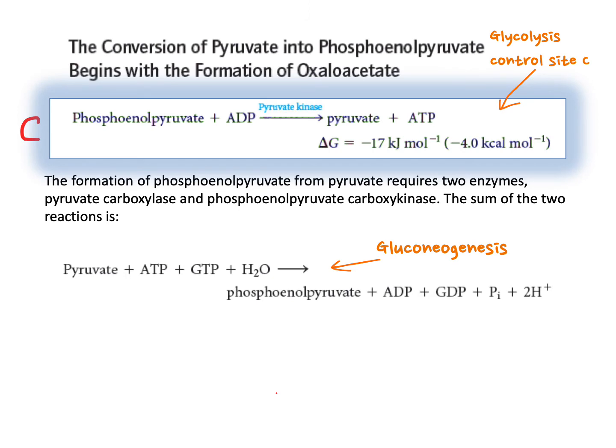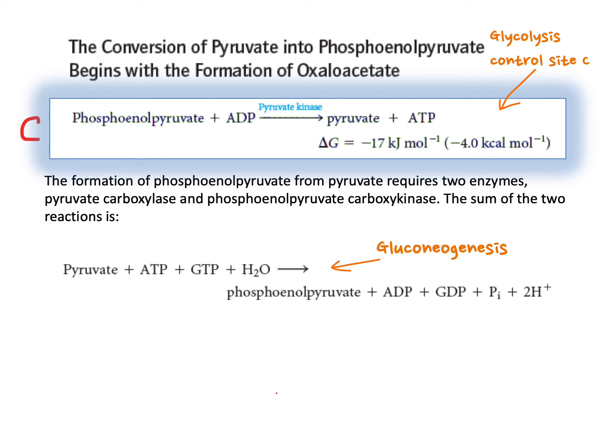Let's first look at control site C in glycolysis. Phosphoenolpyruvate changed to pyruvate produces 1 ATP. It's an irreversible reaction because it doesn't need to consume an ATP but produces ATP. This reaction moves forward to the pyruvate side spontaneously, irreversibly.